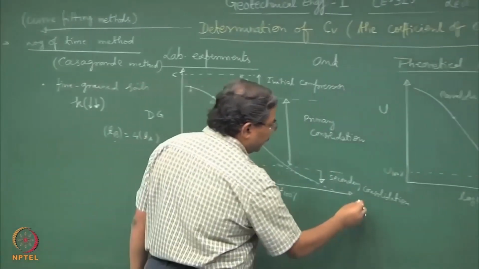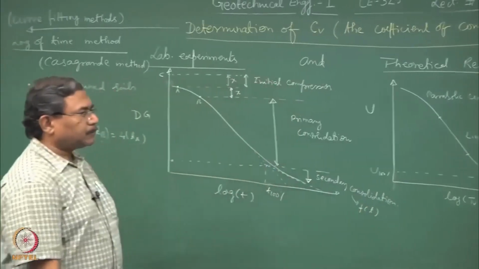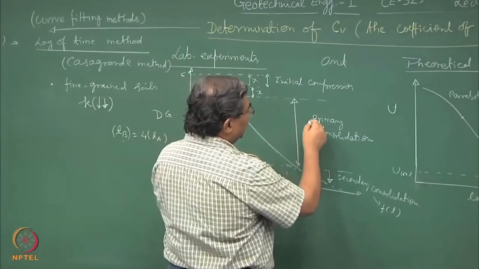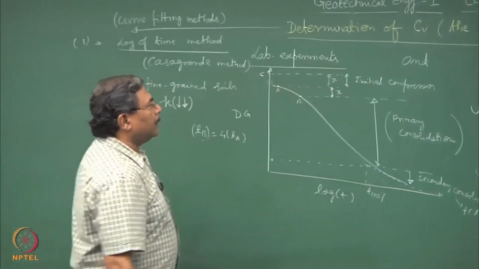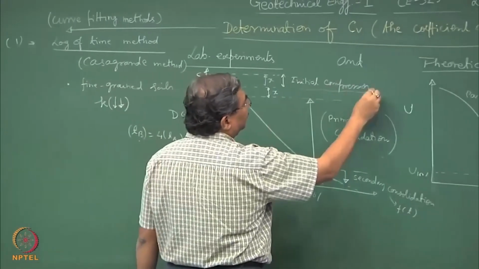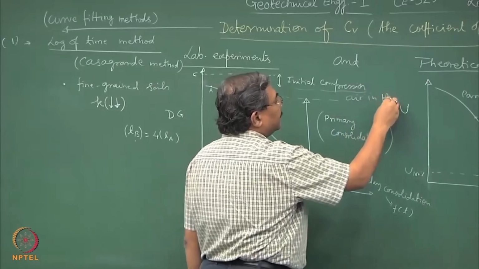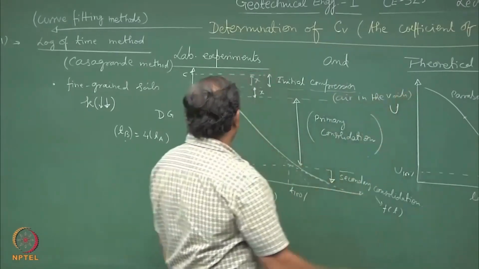Now, this is a function of time and we ignore this. When we do the consolidation analysis, we are more interested in the primary consolidation. The initial compression may come because of the presence of the air in the voids of the sample.